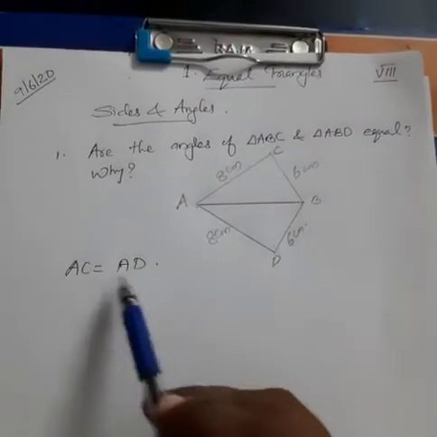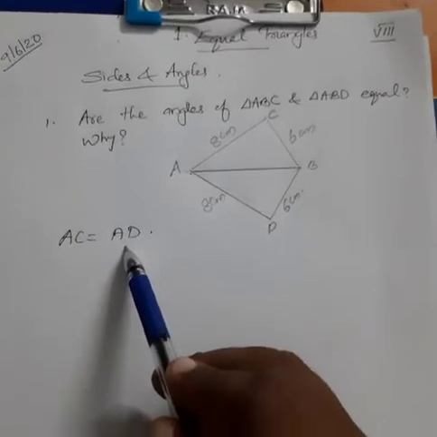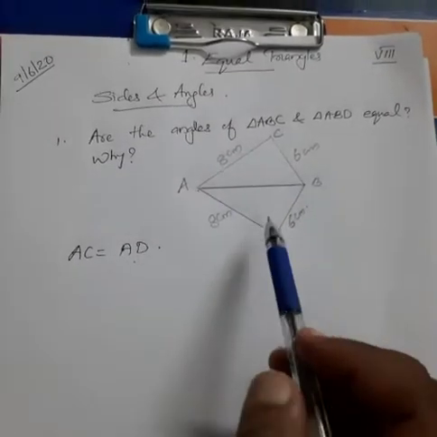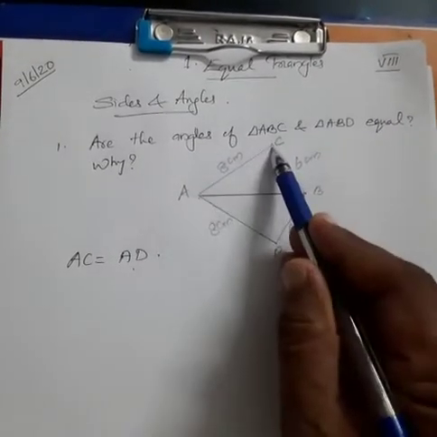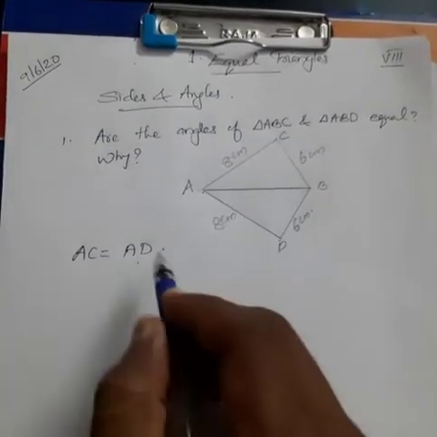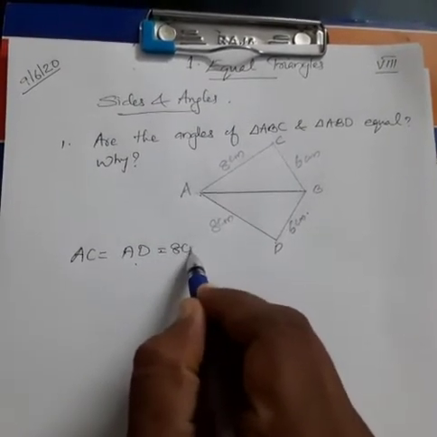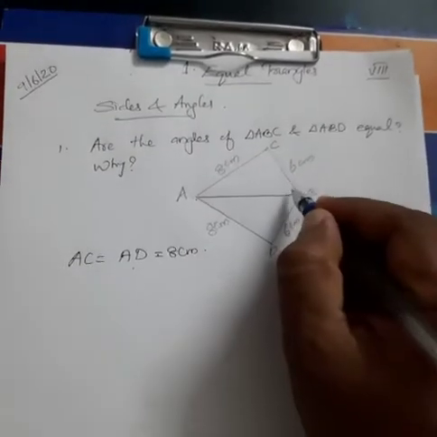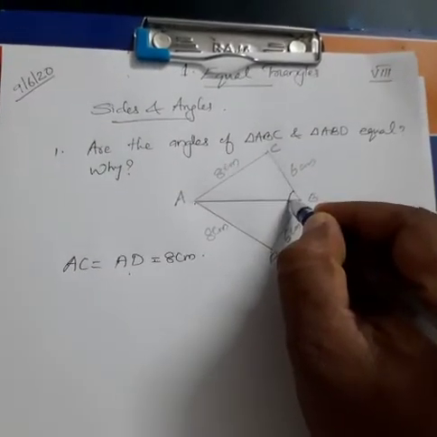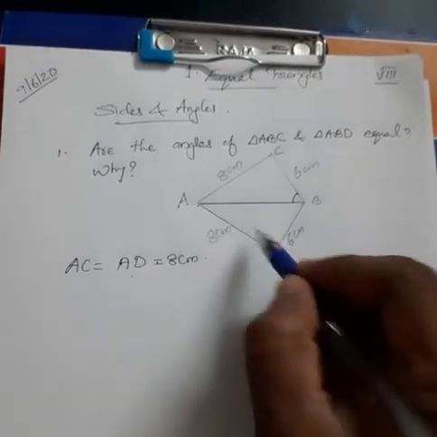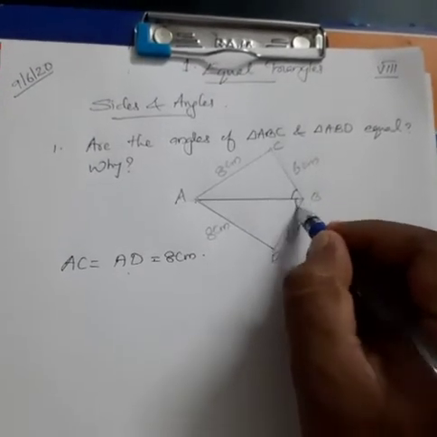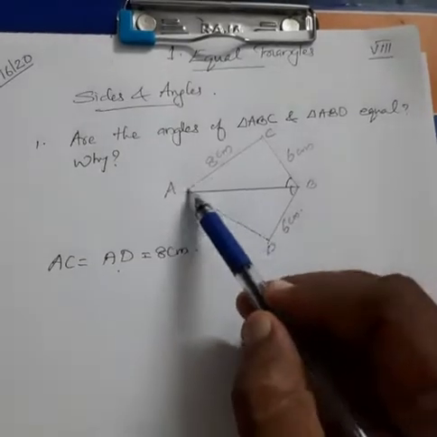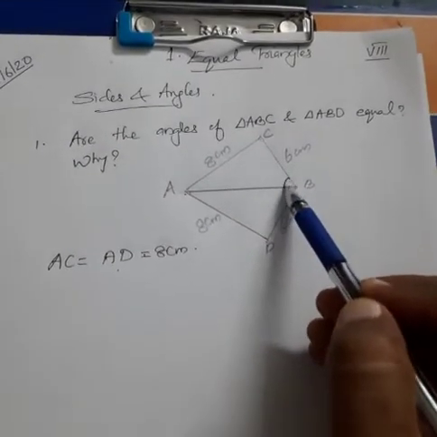If the sides are equal, we studied already, the opposite angles are also equal. Here the side AC and side AD are 8 centimeter. Opposite of AD is this angle, and opposite of AC is the angle here.